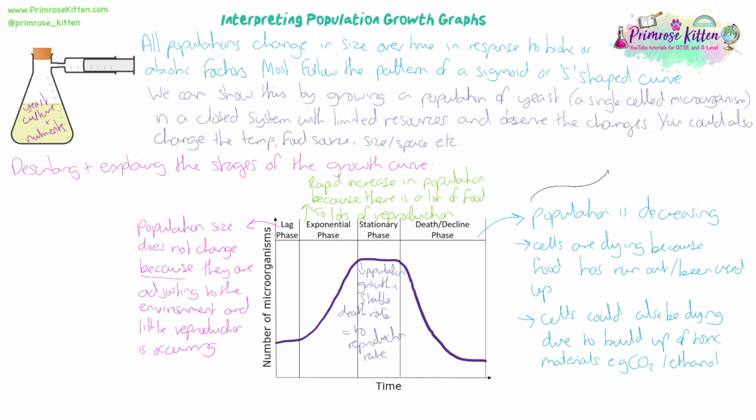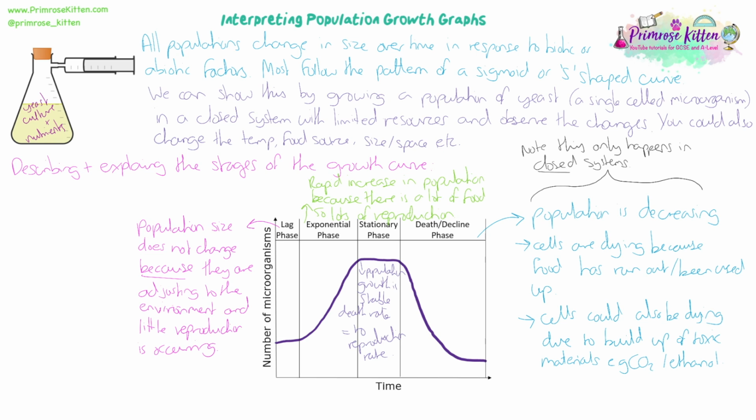So this death phase is not technically part of our S-shaped curve. If you think about it, our S-shaped curve is this part. This is the S here, the sigmoid shape that goes from a lag phase up to our stationary phase. The death phase only really happens in a closed system, or if there's a massive change in the factors in the environment.